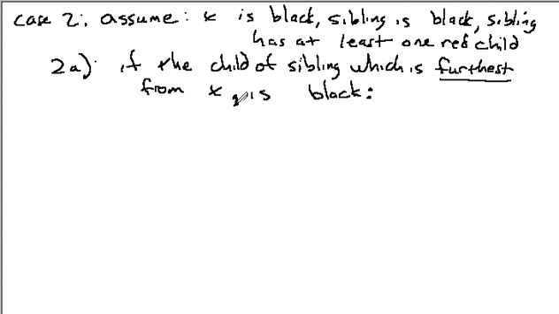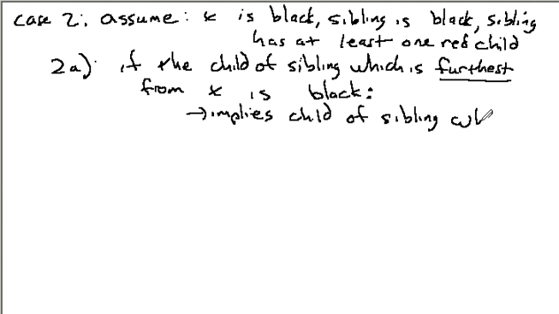Then what this implies is the child of the sibling which is closest to x is red. That's going to be our 2a.